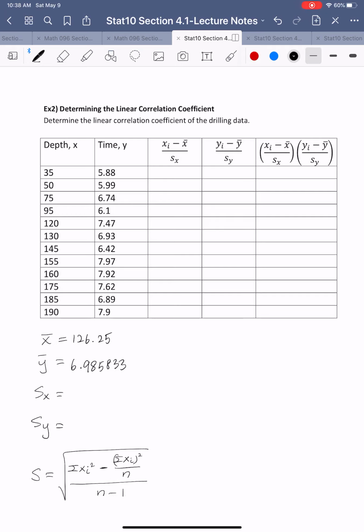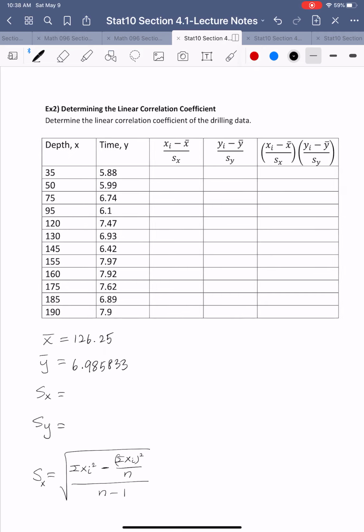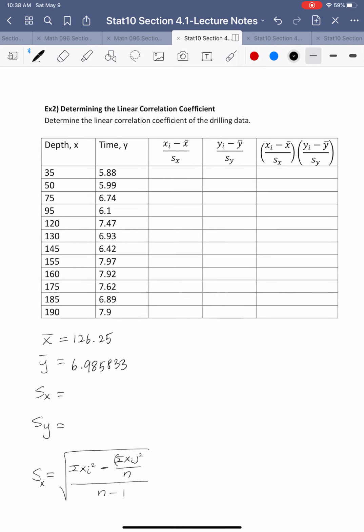If you plug in for x, and also for y, you get s of x equal to 52.22874. You can use a calculator too. And s of y is 0.780774.